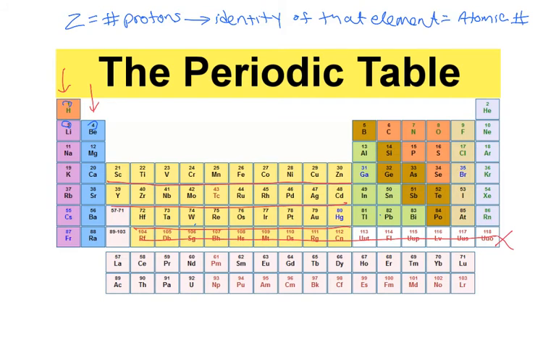But for the lanthanide series down here, you won't delve too much into this in Gen Chem, but we're just going to know uranium and plutonium because they are essential for radiochemistry.